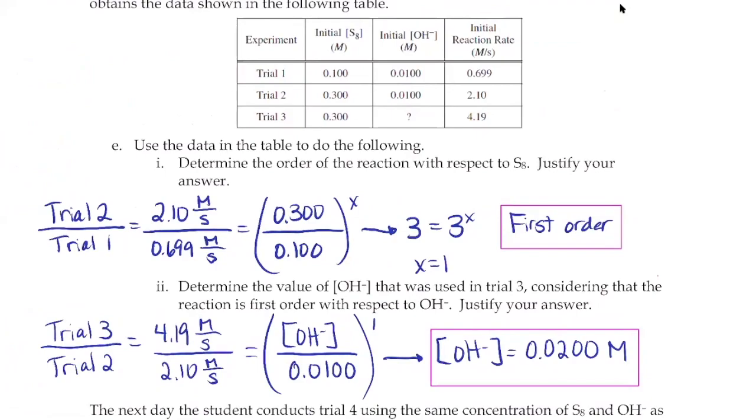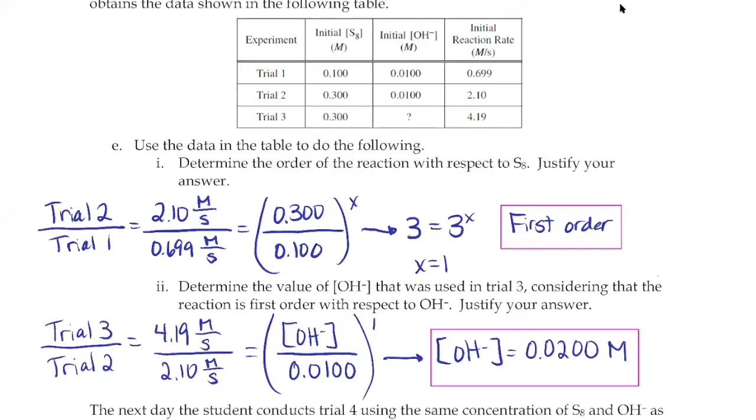Because when you're looking at kinetics, if you were asked to find the order of sulfur and you looked at trials 1 and 2, sulfur is the only one that's changing. The hydroxide stays the same.